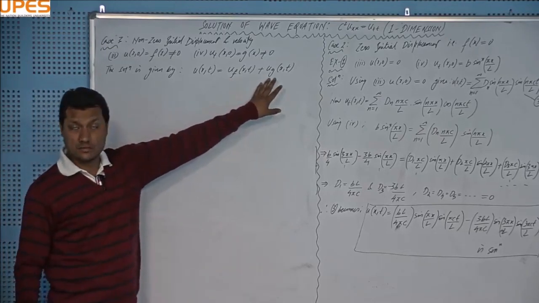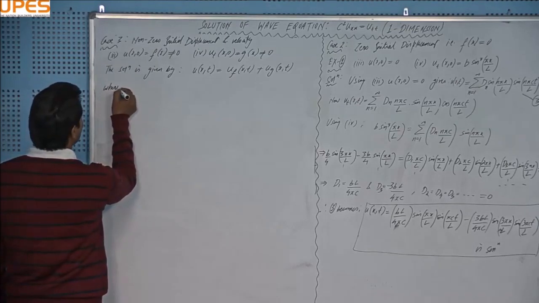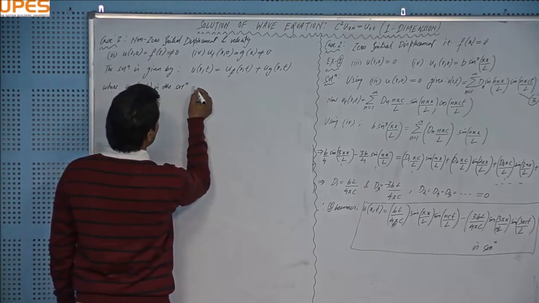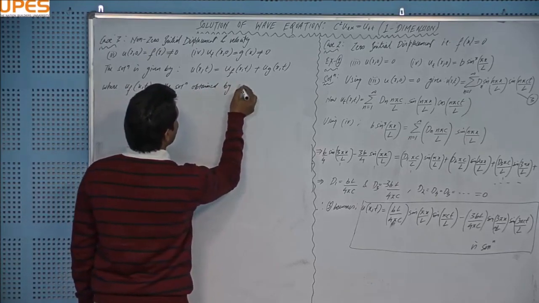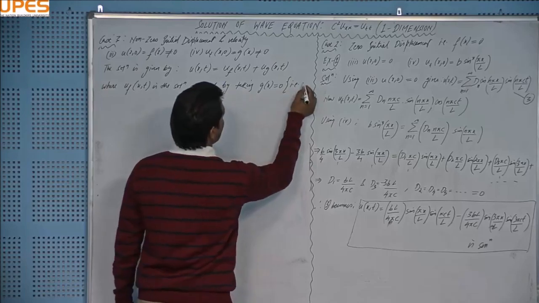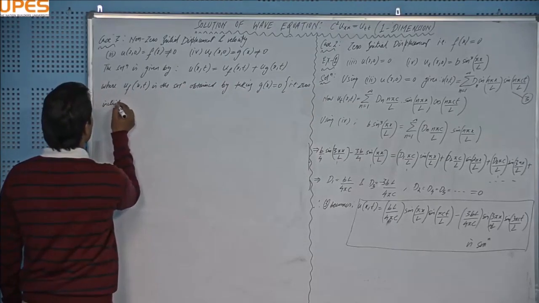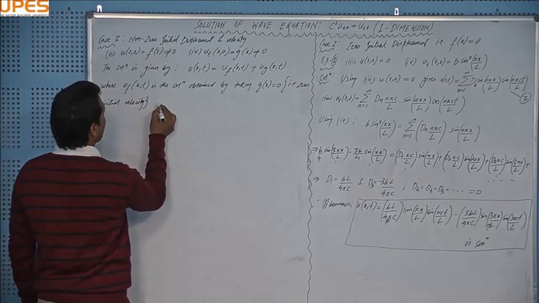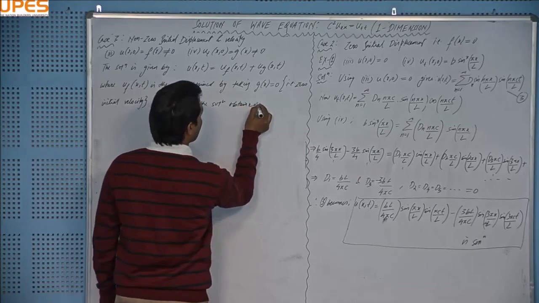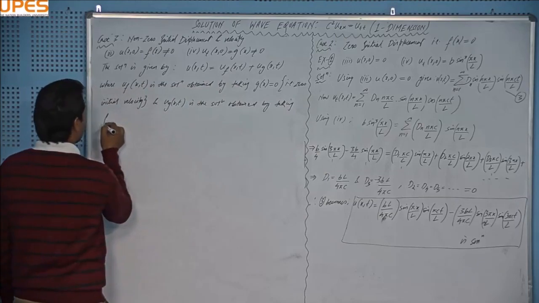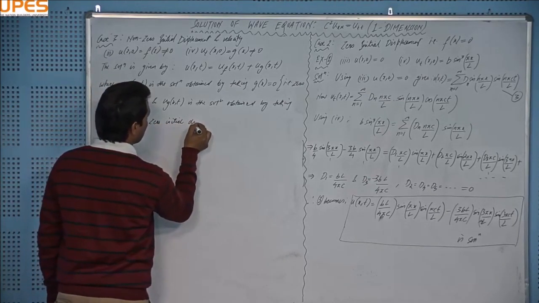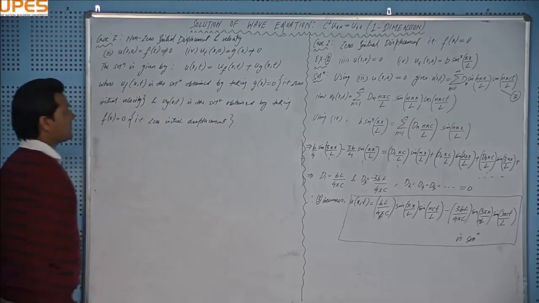And what is this u_f and what is this u_g? Where u_f(x,t) is the solution obtained by taking g(x) equal to 0, that is 0 initial velocity, and u_g(x,t) is the solution obtained by taking f(x) equal to 0, that is 0 initial displacement, right?